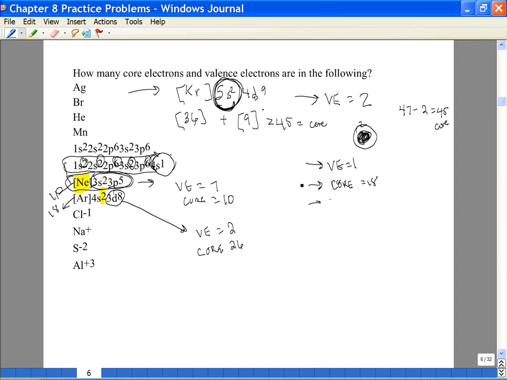In each case, the total number of electrons, valence and core, should equal the total number of electrons we started with. So we started with 28 electrons here. In the valence shell, we have 2. In the core shells, we have 26. Over here, we started with a total of 17 electrons, and there's 17 total.